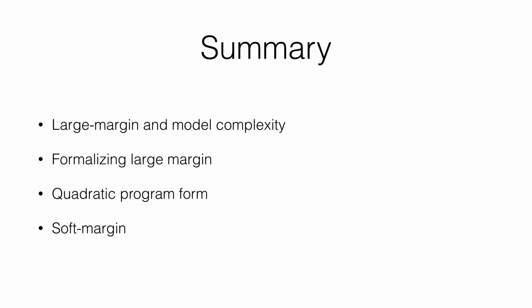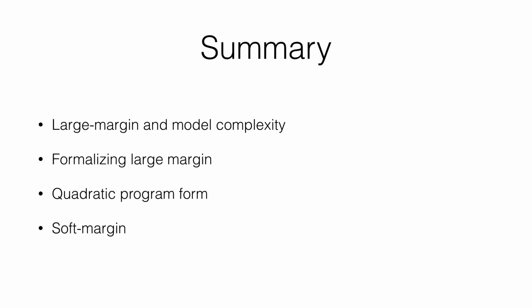Okay, so to summarize what we talked about, I first talked about large margin and model complexity, and I gave you some hints about how requiring that we separate the data with a large margin corresponds to a form of model complexity. Then we formalized how we can write down a mathematical expression for the margin of a linear classifier.